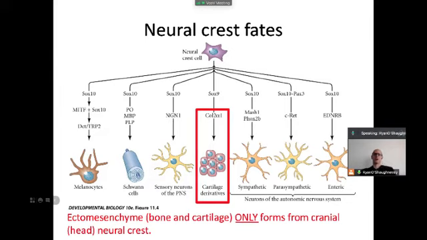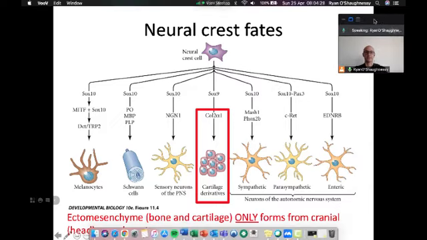So let's look at neural crest fates and how these relate to the formation of the head and the skull. So our undifferentiated neural crest cell can, under the control of a number of different transcription factors, adopt a number of different fates. So typically neural crest cells, because they're neurally derived, will either express SOX9 or SOX10.